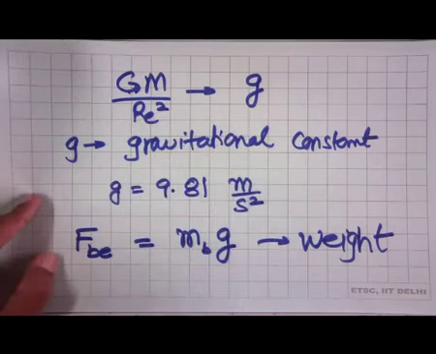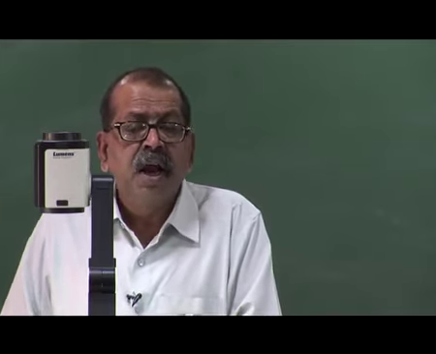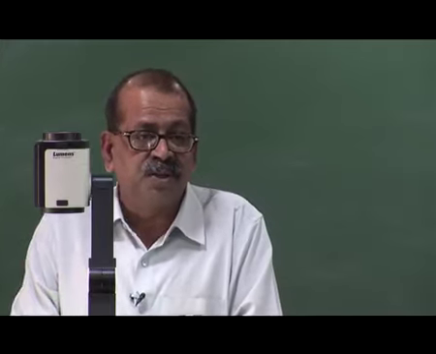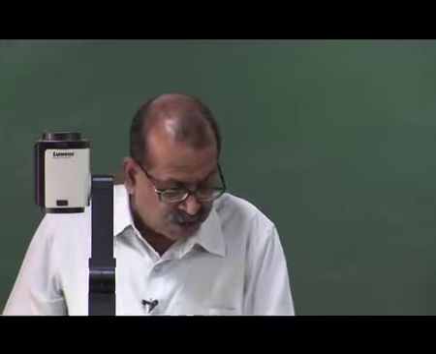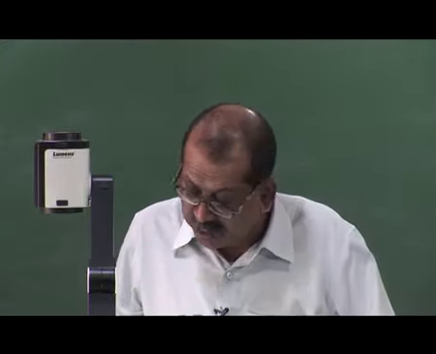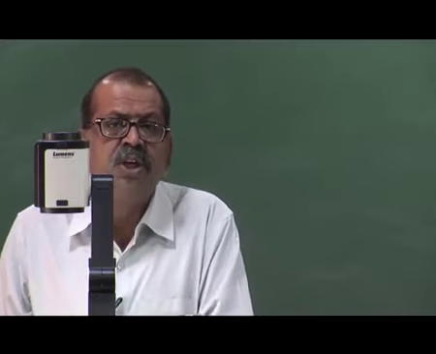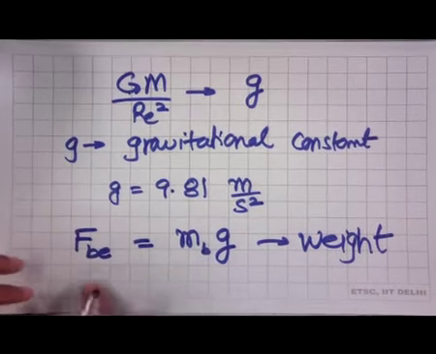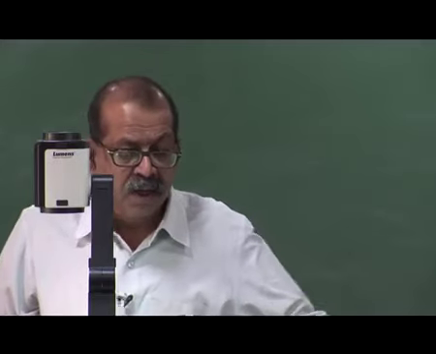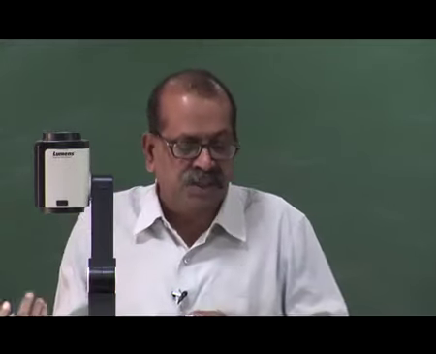But these variations we will keep for the later chapter where we study gravitation, and even if you go inside the Earth, then again R will become less than the radius of the Earth, but those variations we are not assuming. For purposes of things right now we will assume g to be constant, given by 9.81 meters per second square, and the force on the body will be equal to mass times g. Now, this is one of the basic forces which acts from a distance.